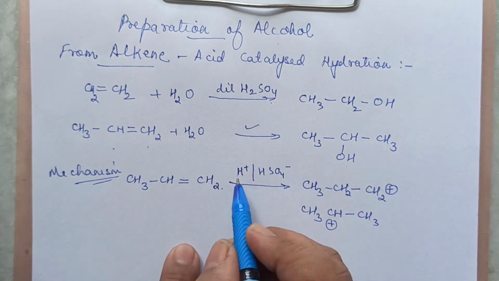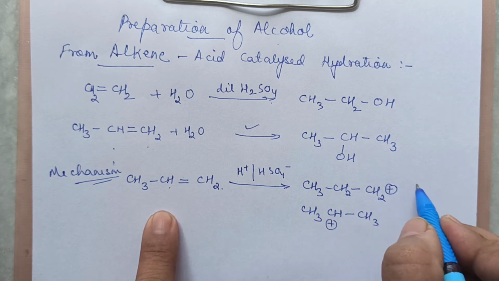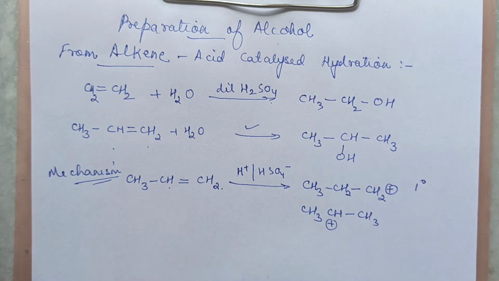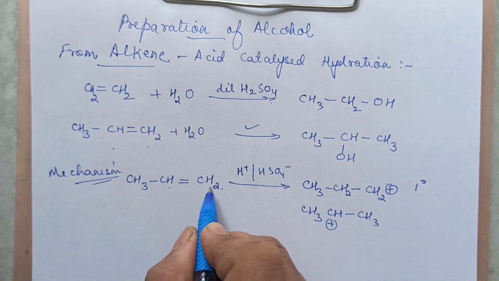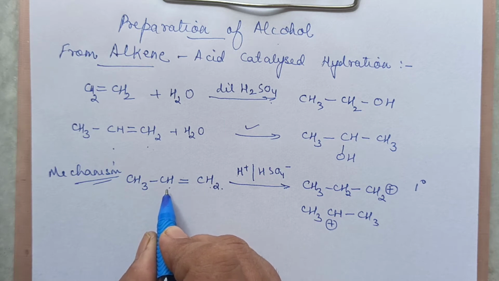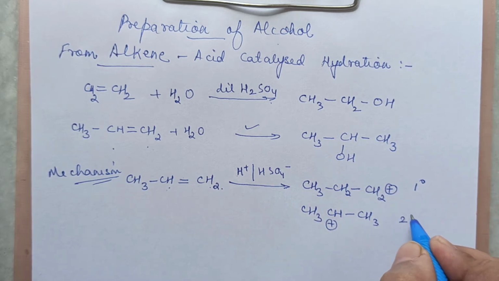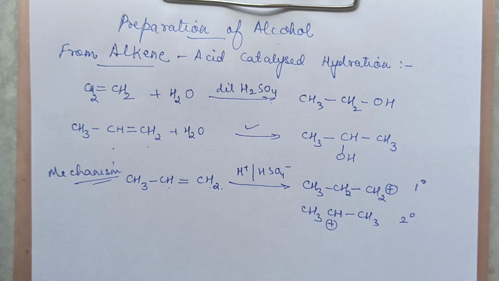So if H is getting attached to the terminal carbon, you are getting a 1 degree carbocation. If it is attacking the other carbon atom, then you are getting the positive charge here, that means you are getting a 2 degree carbocation. So you are getting two different types of carbocations, of which we know the secondary carbocation is more stable. This one is more stable, right? For carbocations we know the order is 3 degree maximum, then 2 degree, and then 1 degree.